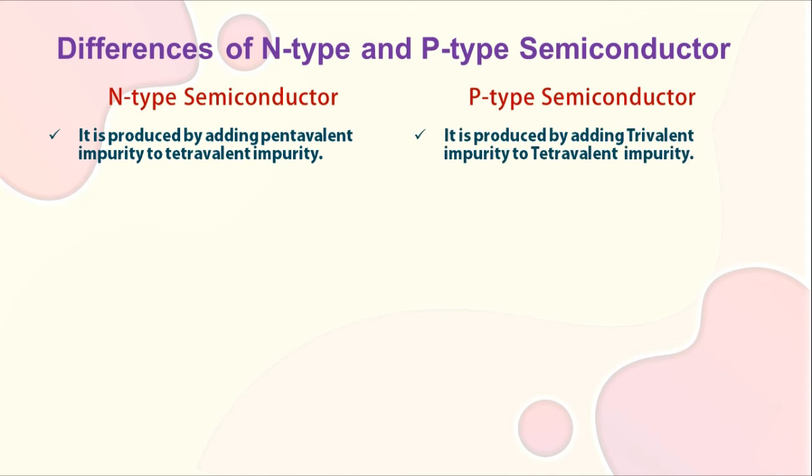Then you go for the P-type semiconductor. It is produced by adding a trivalent impurity to a tetravalent semiconductor. So here is also tetravalent, there also tetravalent. Here a trivalent impurity has to be doped into the tetravalent. Trivalent means 3 electrons are present in the outermost orbit.